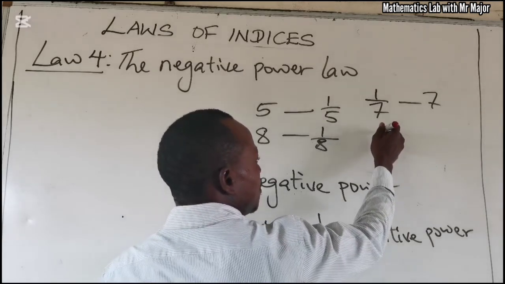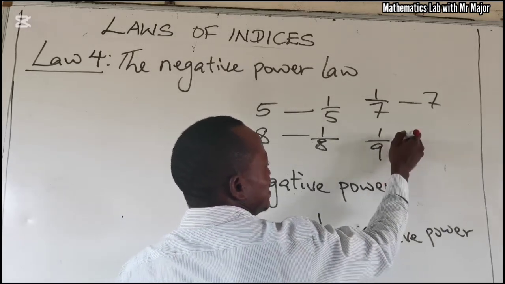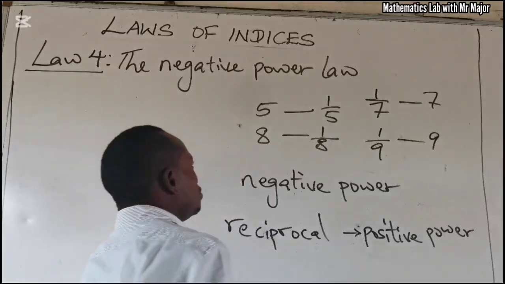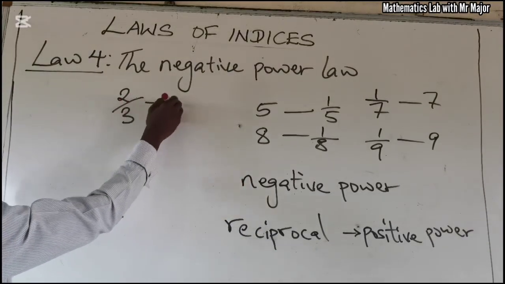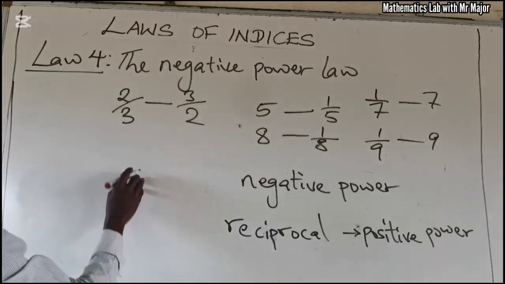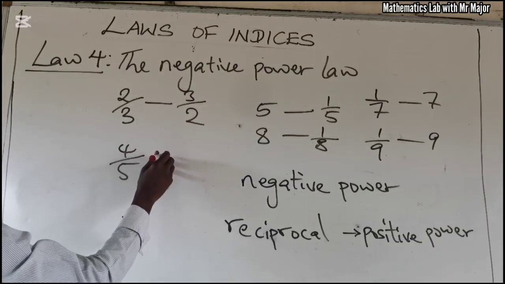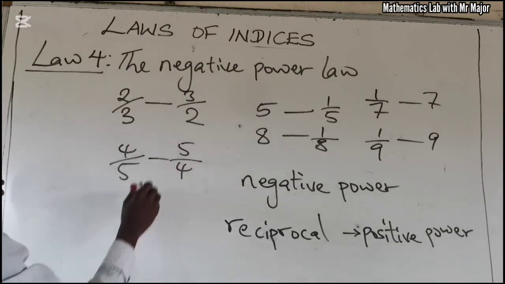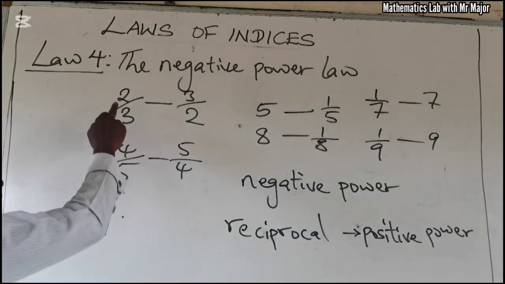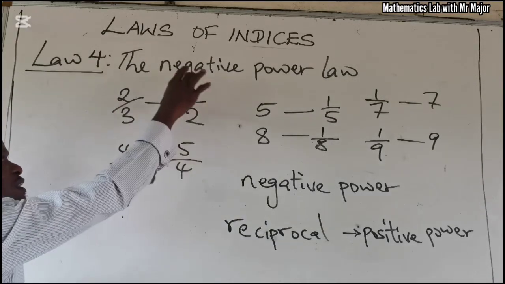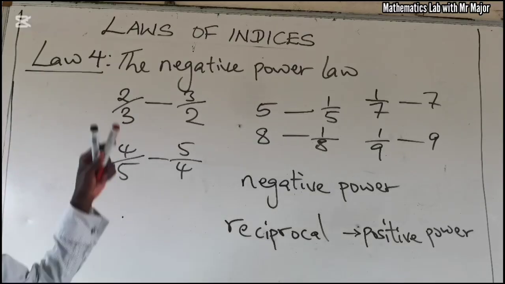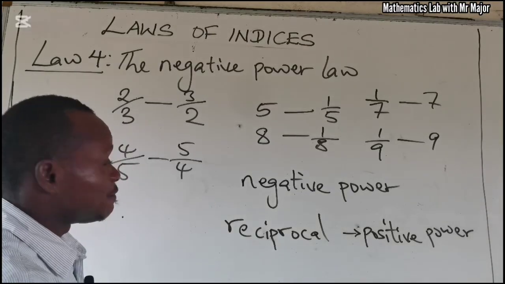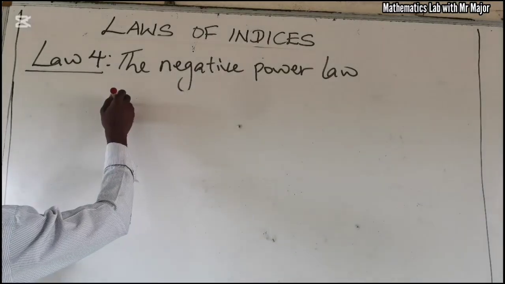The reciprocal of 1 over 9 is 9. The same thing, the reciprocal of 2 over 3 is 3 over 2. The reciprocal of 4 over 5 is 5 over 4. So if this quantity is raised to a negative power, you take the reciprocal and raise it to a positive power. That is what the negative power law is telling us.